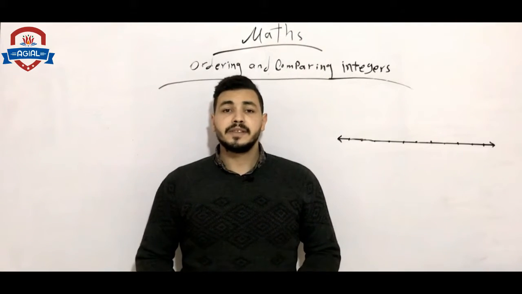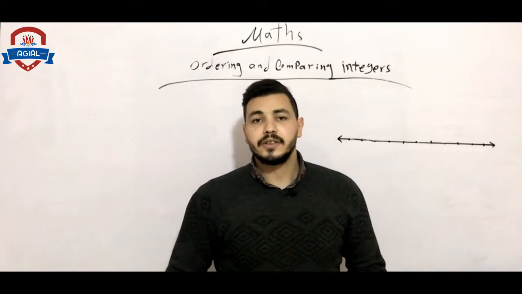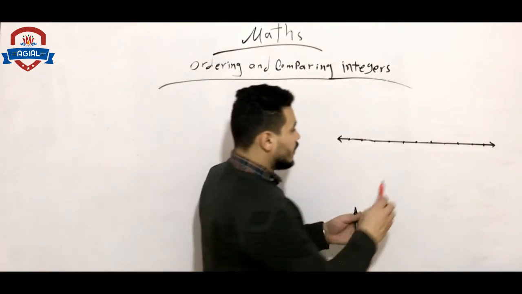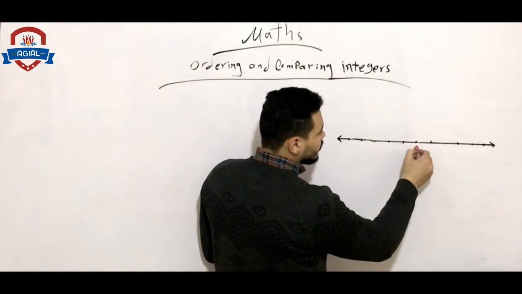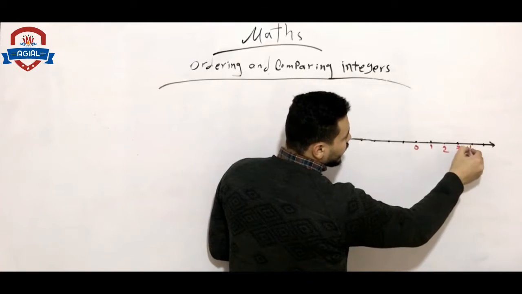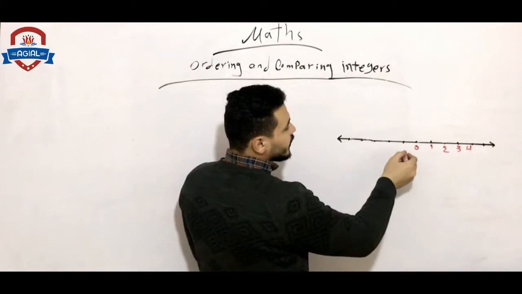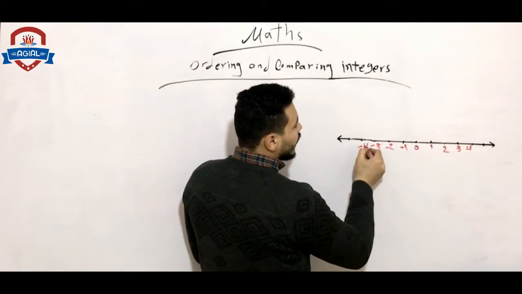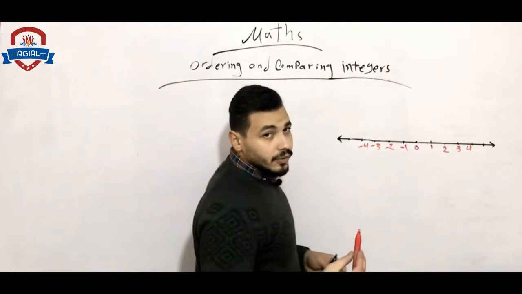The same property is also available in the set of integers. If we have the number line, the middle point is 0, and to the right we have 1, 2, 3, 4, and so on. To the left we have -1, -2, -3, -4, and so on.